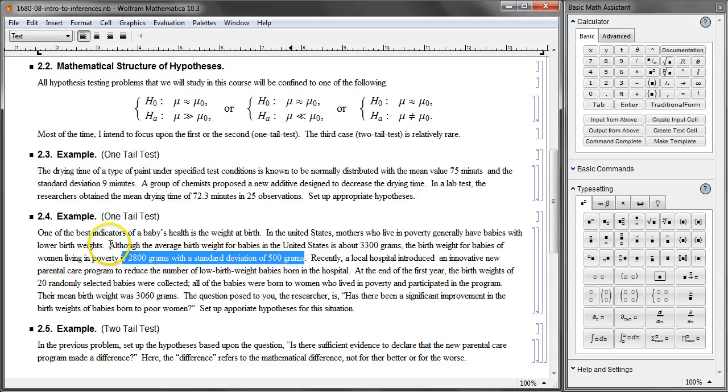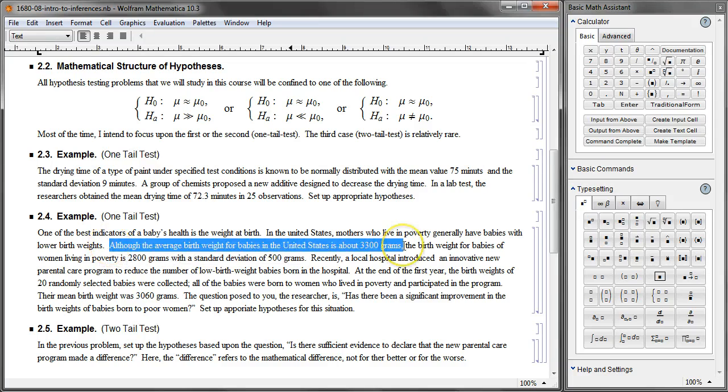How about the average birth weight here? Well, this was just given, but no standard deviation was given. There's an indication that this is just a bogus figure, just there to confuse you. Is it really mean?